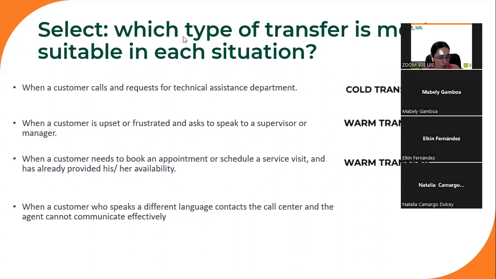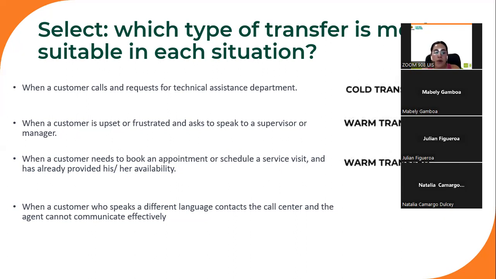Why a warm transfer and not a cold transfer? What do you guys think? Maybe because we can provide that information to the next agent. Of course, yes.